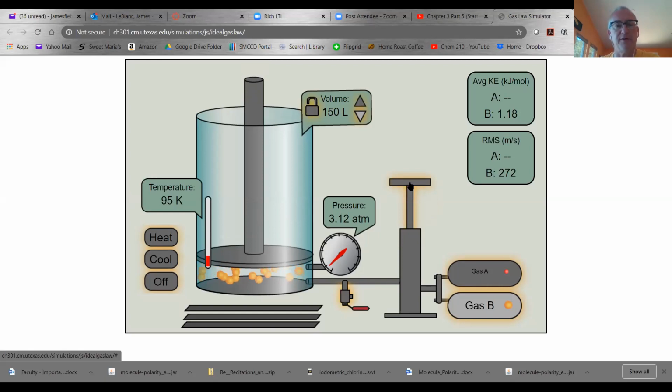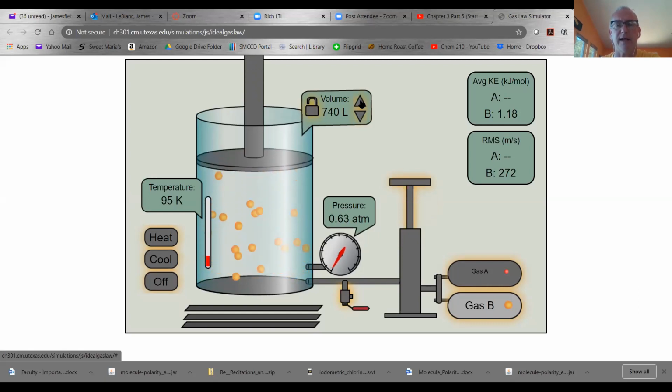And so the other thing I'm going to do is lock my volume in. So what I'm going to do is I'm going to change the volume, let's say to 500 or something, or 600. Make it whatever you like. You can even go all the way to 1,000 if you want, okay?